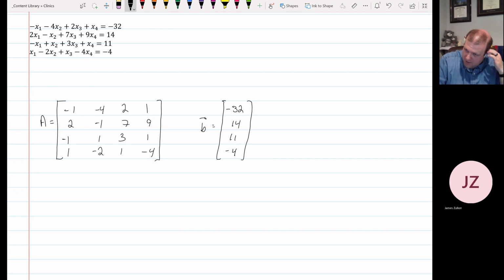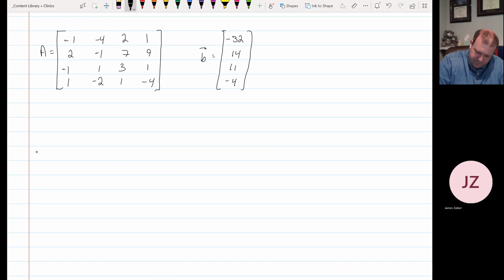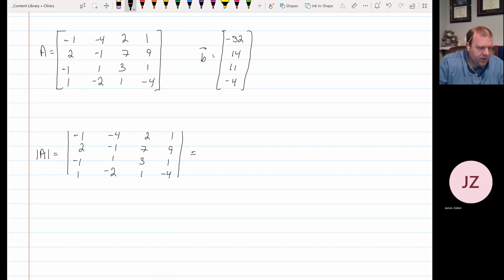Now we still need to calculate the determinant of A, and then we're going to need determinants of A1, A2, A3, and now A4. The determinant of A will be -423.